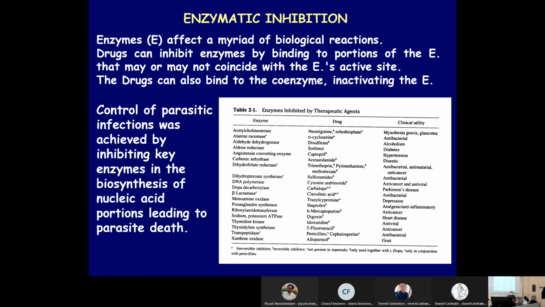Myasthenia gravis is a severe disease in which there is the formation of particular antibodies against the acetylcholine receptors. In this case, these patients have a problem contracting their muscles.